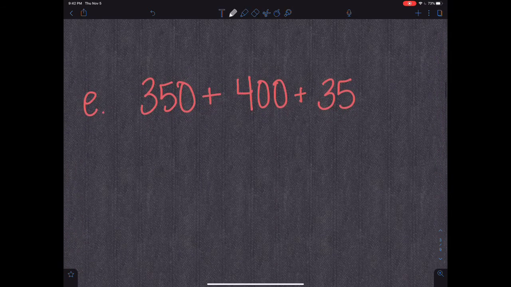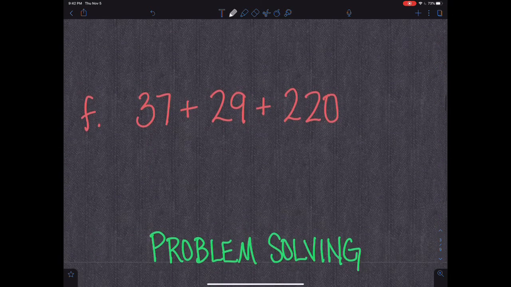E is going to be 350 plus 400 plus 35. Write down your answer. And then F, we're going to do 37 plus 29 plus 220.